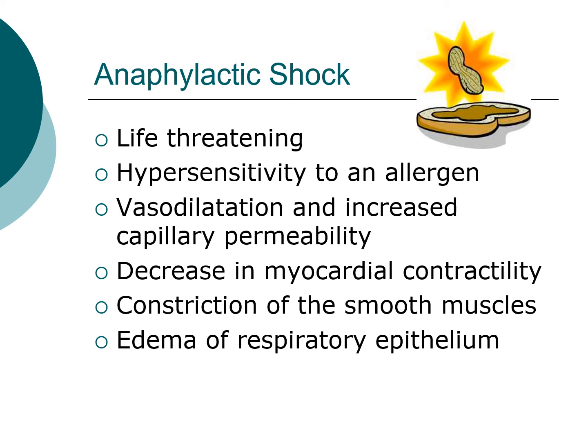Increased capillary permeability. So this is where we get blistering or hive-like responses on the skin, but if it's a swelling in the respiratory tree, that's very concerning. It can cause decreased myocardial responses and smooth muscle responses, but our big concern is that edema of the respiratory epithelium.